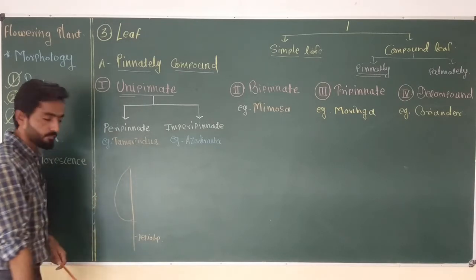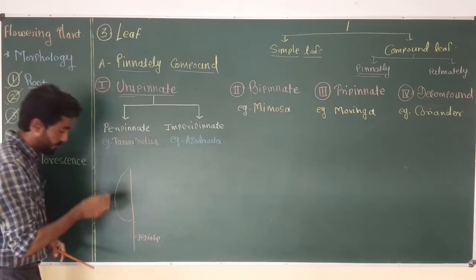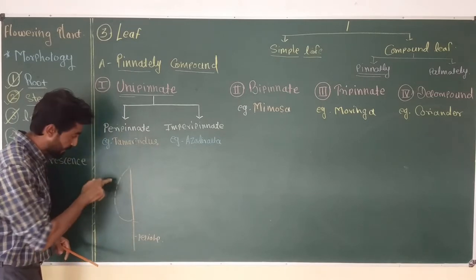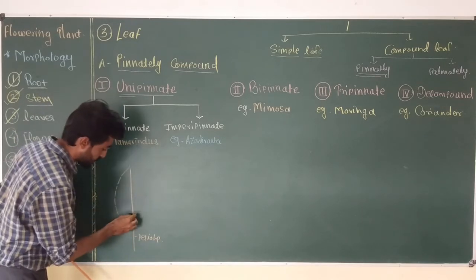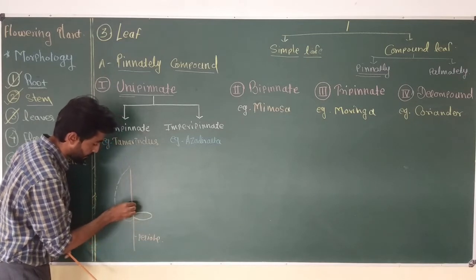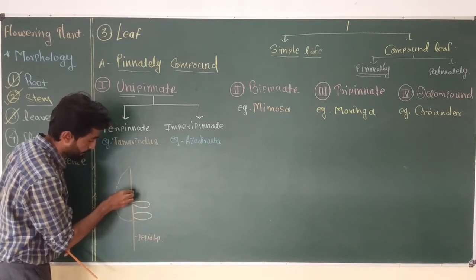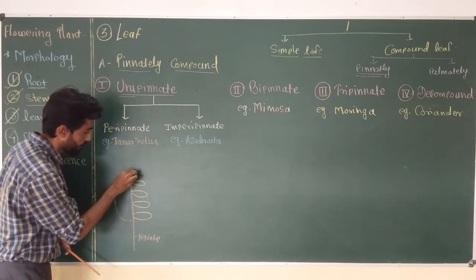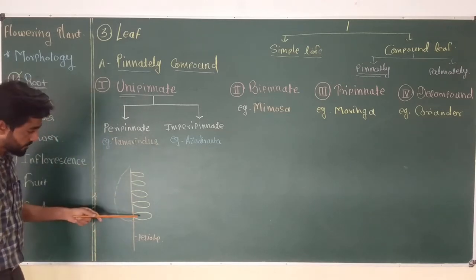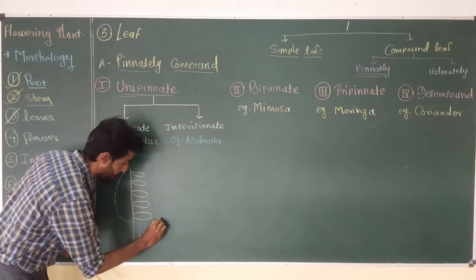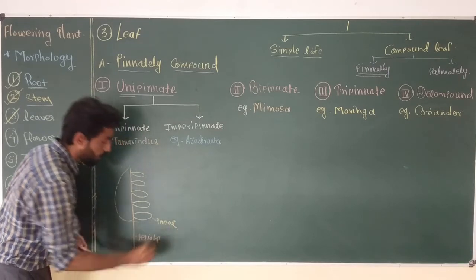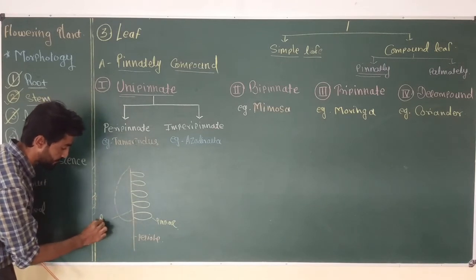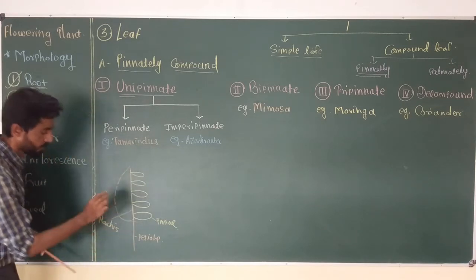Now in case of paripinnate, a cut is produced at several points in the lamina, and due to which such structures are produced. Now these structures are called pinnae or leaflets, and this branch which is the midrib is now called the rachis.